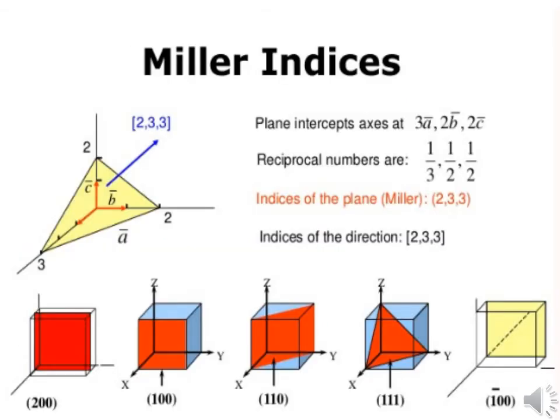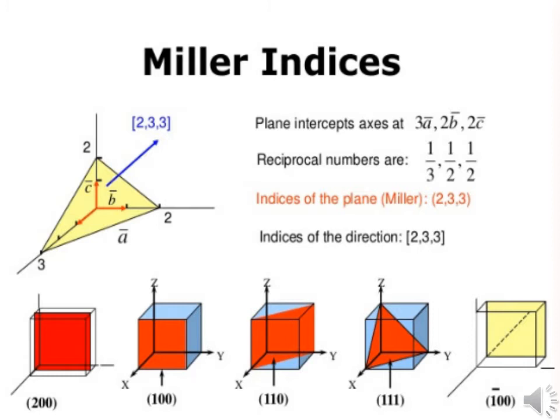Let us see the Miller indices procedure. You see this plane in the XYZ axes. The plane intercepts on the axes are 3A, 2B, 2C. The three reciprocal numbers are 1 by 3, 1 by 2, 1 by 2. Using these, the Miller indices of the plane are found. Find the LCM of each reciprocal value.